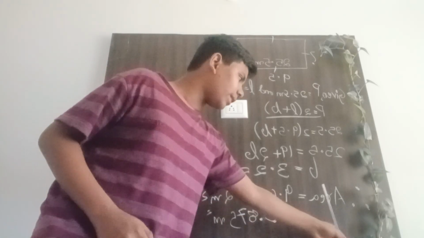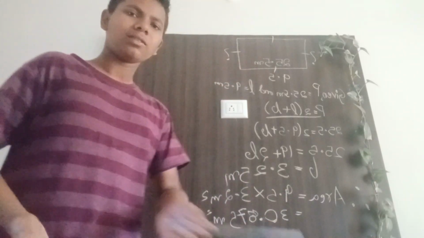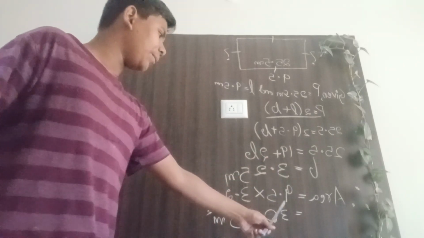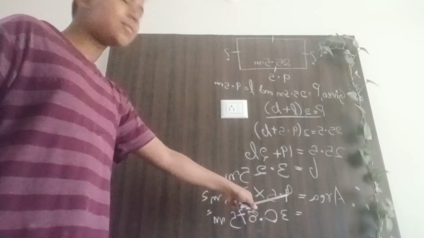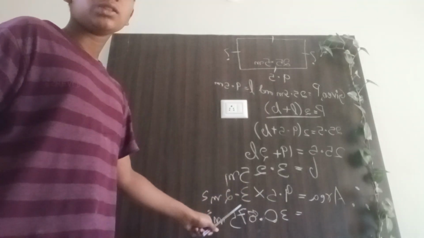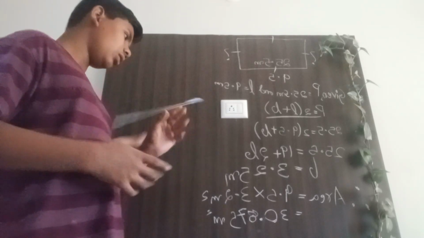Here we have to find the area. It's simple: length into breadth. So 9.5 into 3.25 meter.